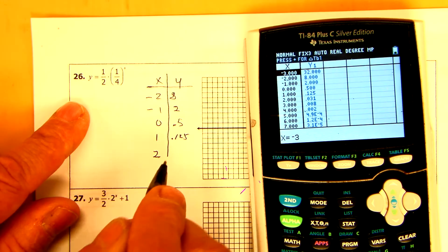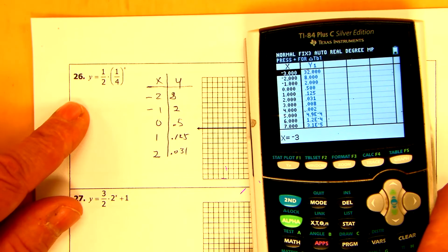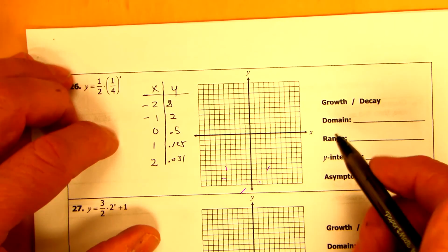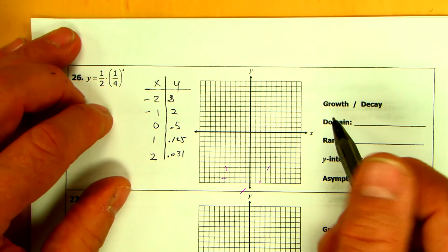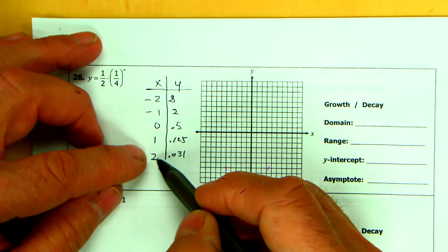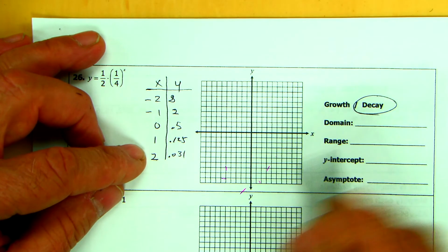And for 2, we have 0.031. Okay, so let's graph this. Now, if you notice, as my x values increase, my y values are decreasing. So this is a decay function.